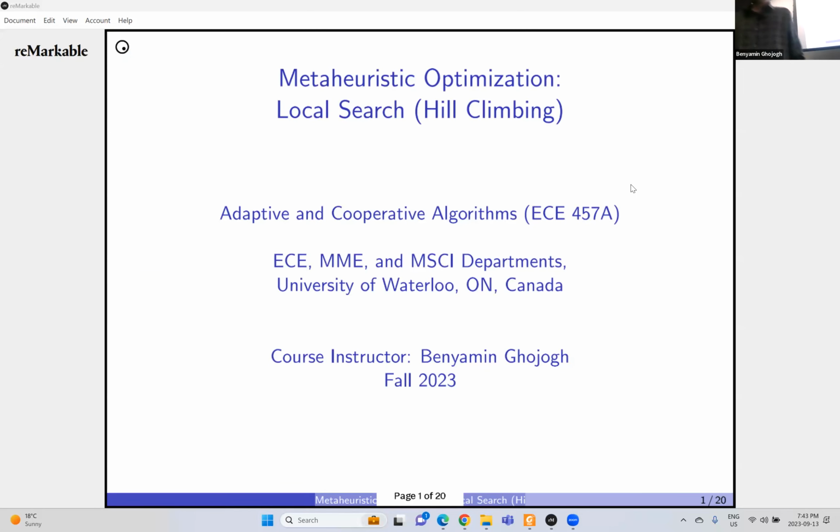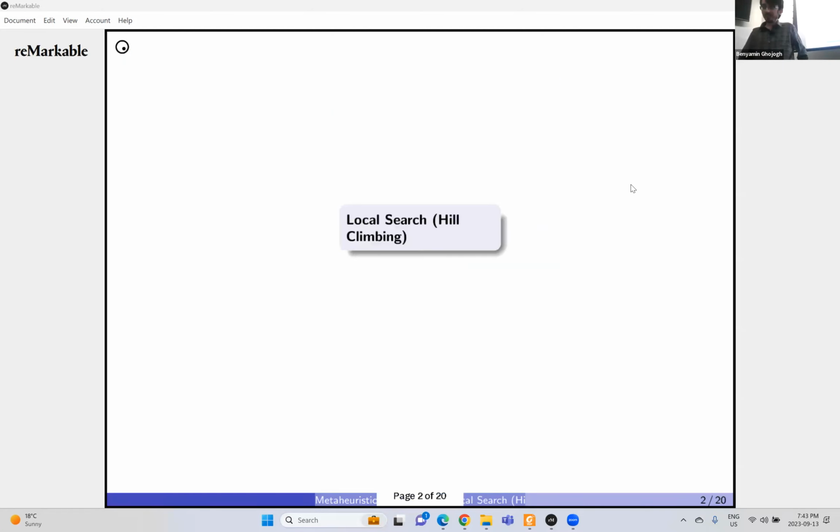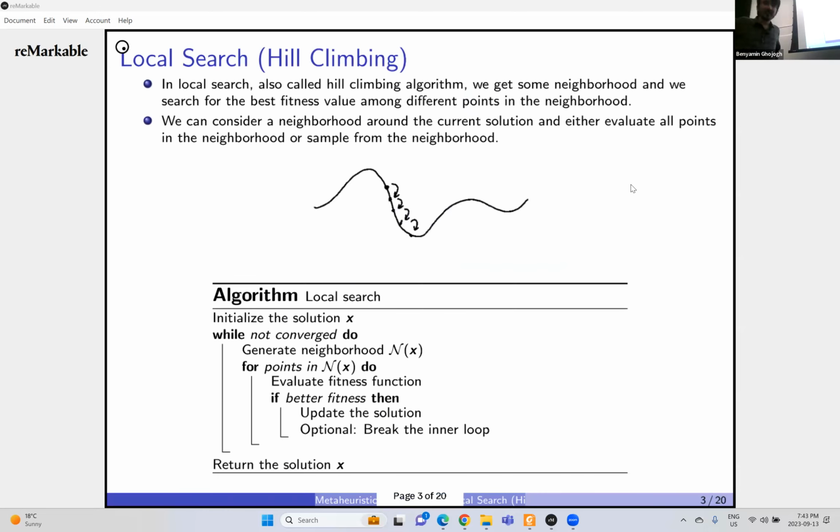Okay, so the first metaheuristic optimization algorithm is local search. This is the simplest metaheuristic optimization algorithm, also called hill climbing. I'll tell you why it's called hill climbing also. In local search, also called hill climbing algorithm, we get some neighborhood.